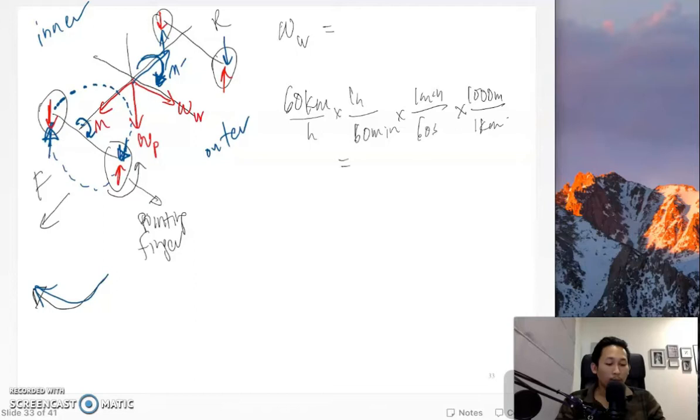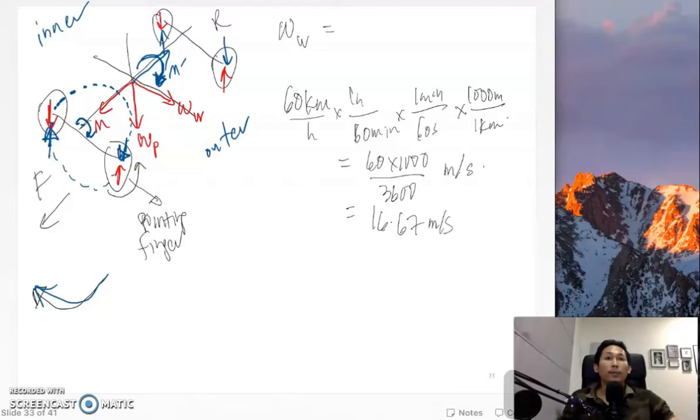So we get 60 times 1000 over 3600 meter per second, and the answer is 16.67 meter per second.